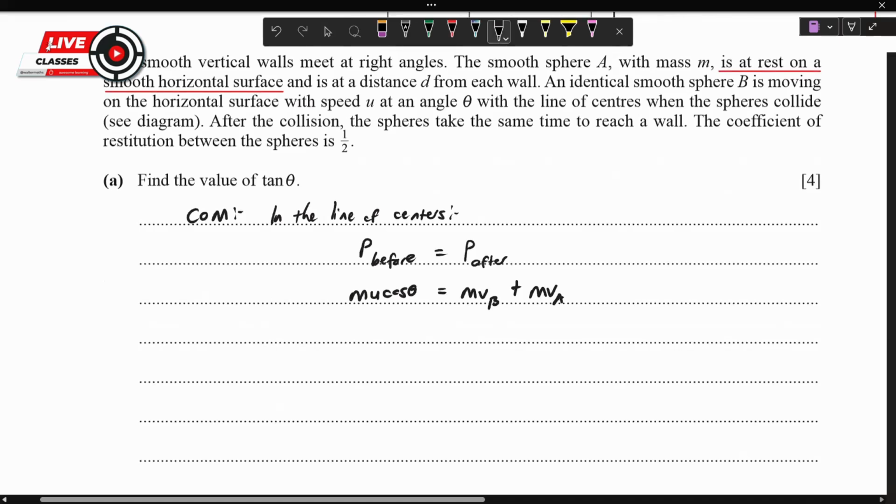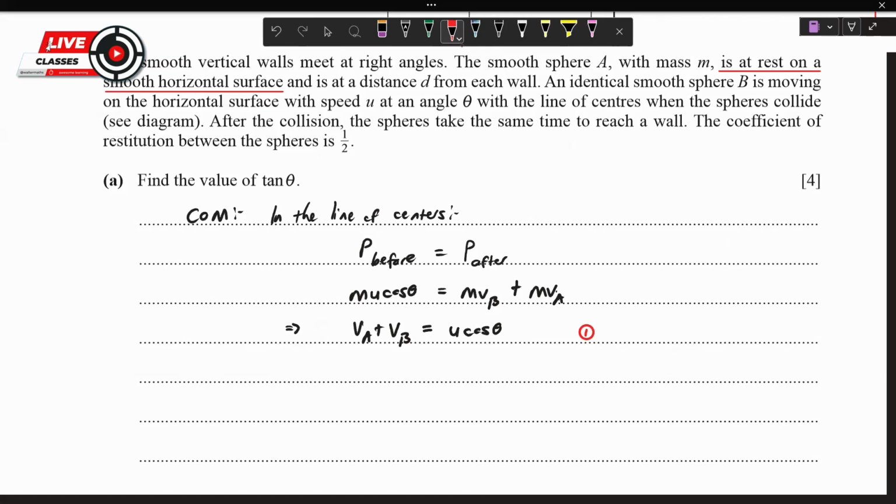So we can divide everything by m so that we have VA plus VB is equal to u cos theta. So I've just rearranged after dividing everything by m. I now have this. And let's call this equation 1 as we are most likely to need it a little later.